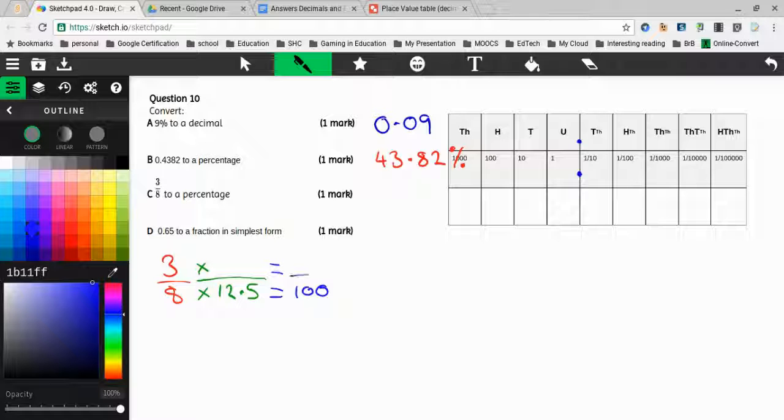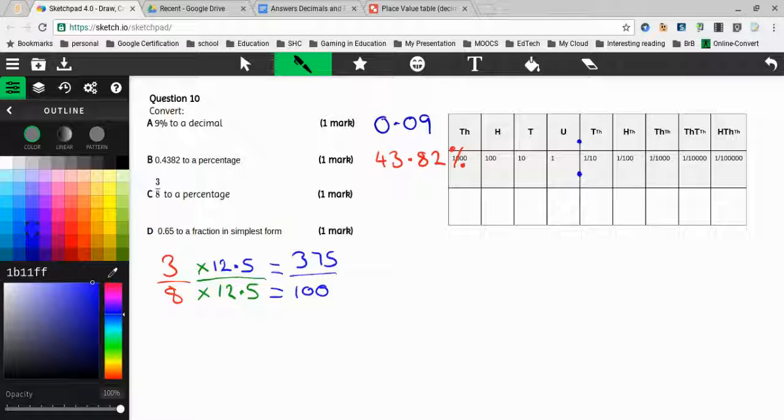So whatever I do to the bottom, I must do to the top. So I'm going to multiply 3 by 12.5, and that's going to give me 375.